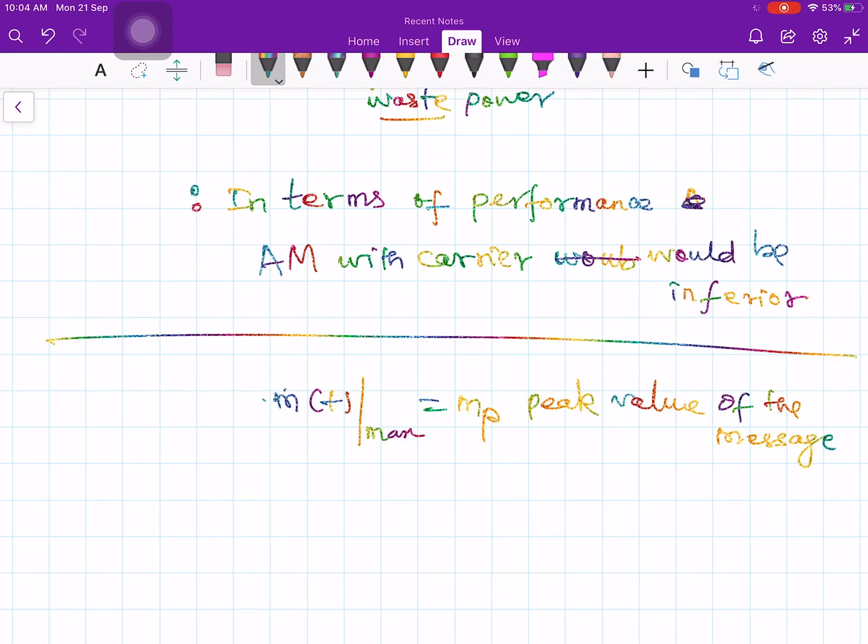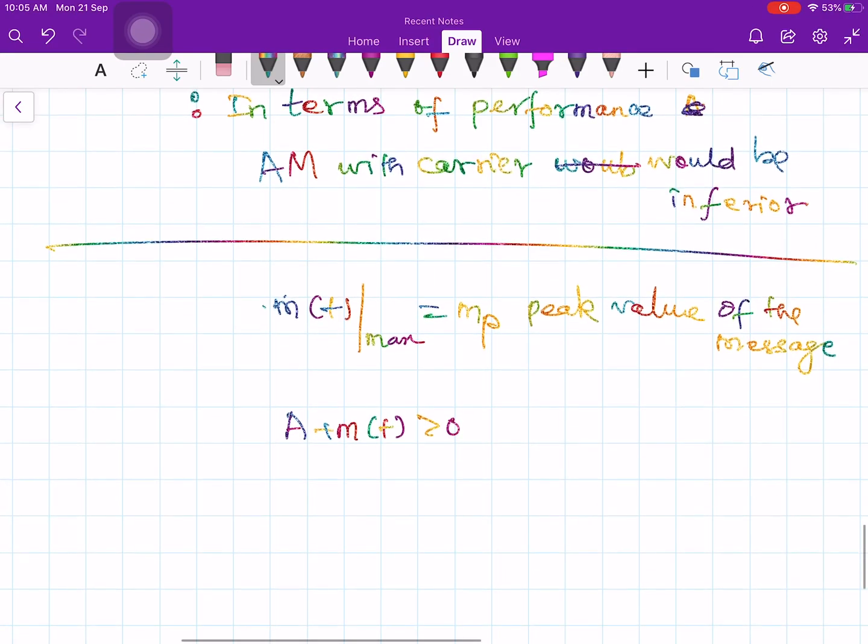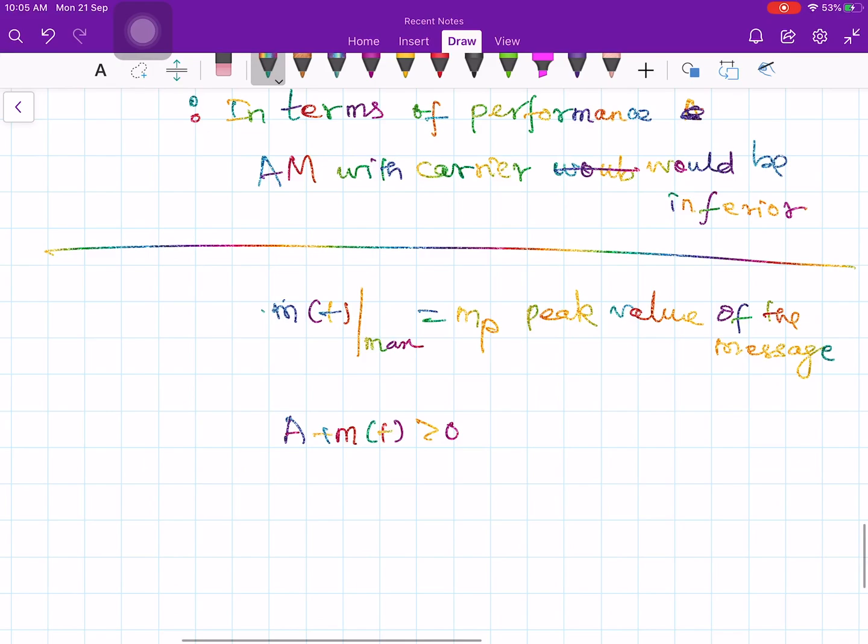If you remember, you would keep A plus m(t) to be positive, right? Of course, for synchronous demodulation that is not very important. But in AM system we said A plus m(t) must be non-negative. For synchronous demodulation this condition is not required, but for envelope detection this condition is required.